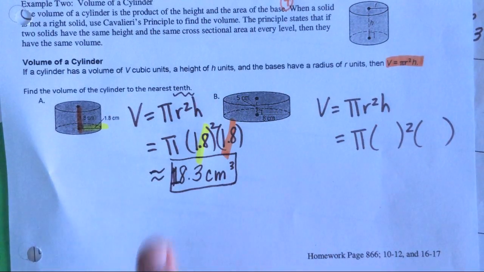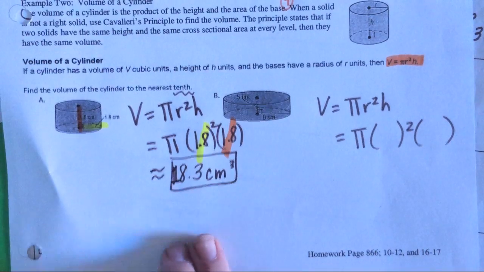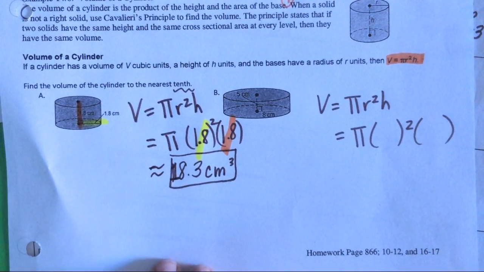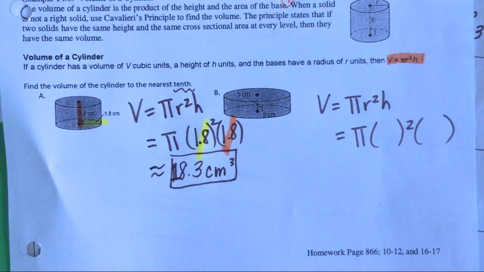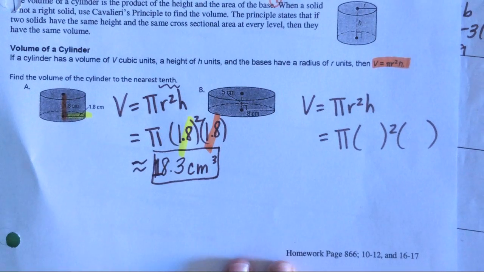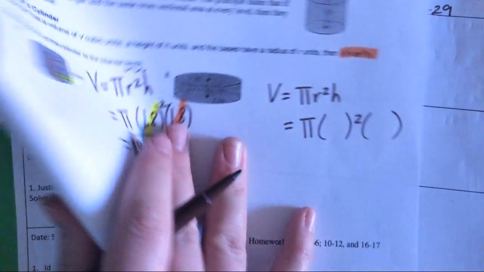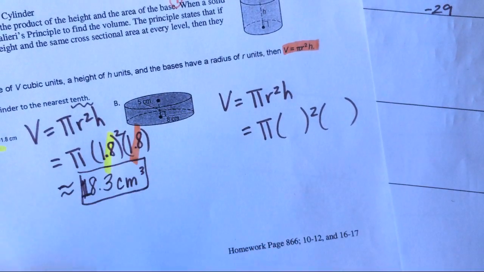Are there any questions about the cylinder? So far today we did the easy prisms, but potentially they can make you use Pythagorean theorem. And then so far in the cylinders, there's not a thing they're making you use. The only way they can make it simple is to give you the diameter.